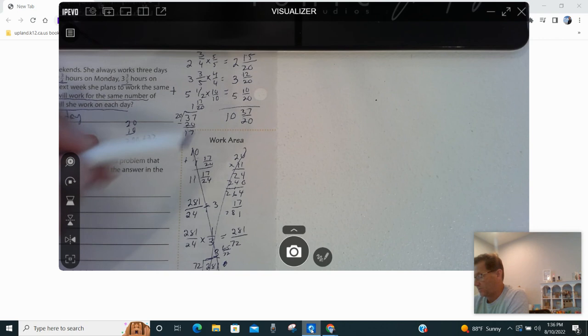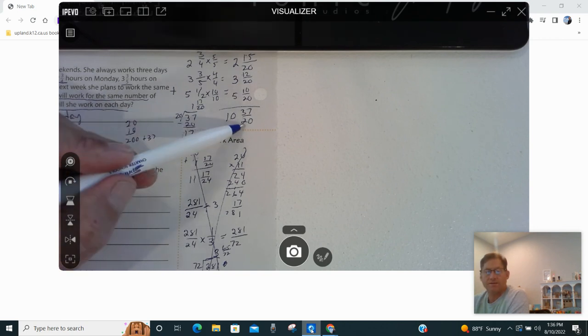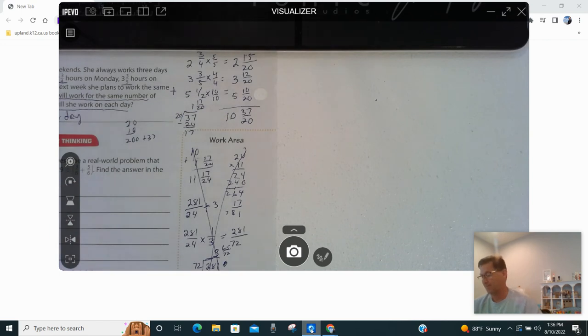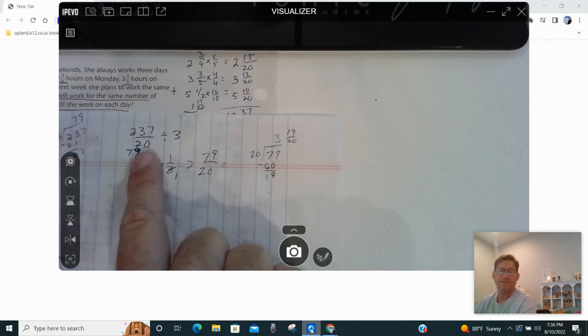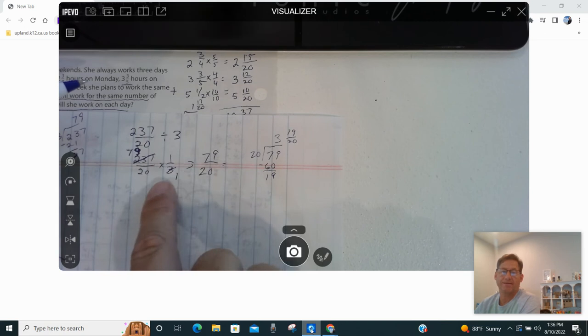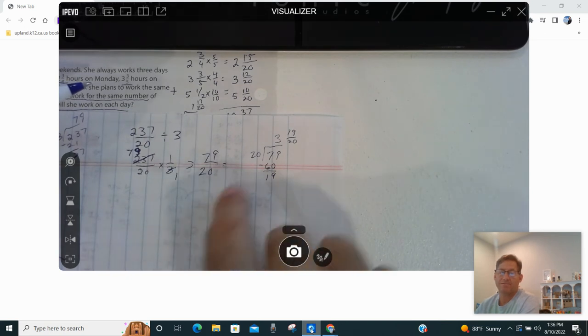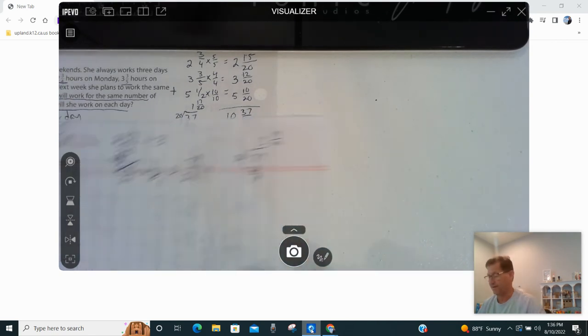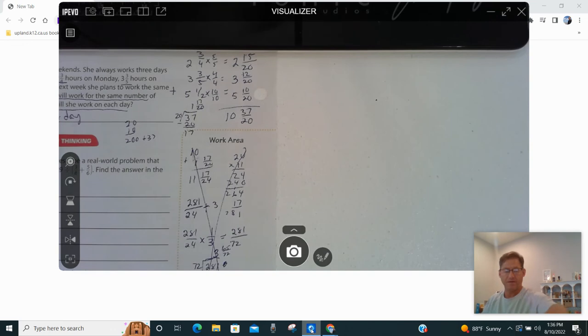So I just multiplied 10 times 20, 200, plus 37 is 237 over 20. Then we took the 237/20ths and multiplied by the reciprocal of 3. Came up with 79/20ths divided by 3 with a remainder of 19. 3 and 19/20ths. Okay, number 11.